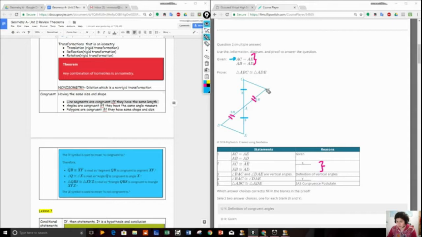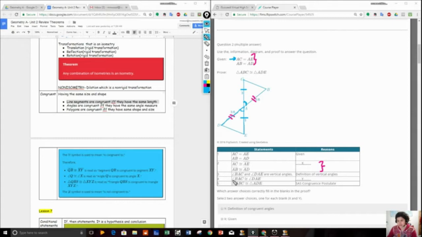So B to A to C. And if you notice, our angle is formed at A. So this angle, they're saying, is congruent to D to A to E, and it's right here. So they're saying these two angles are vertical angles, and it's the definition of vertical angles.